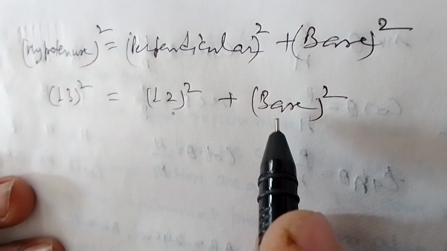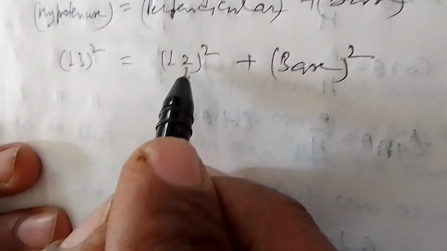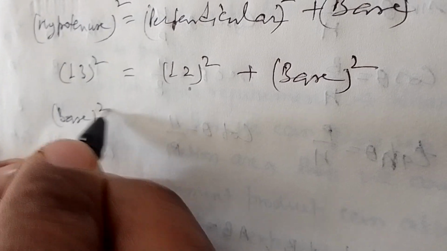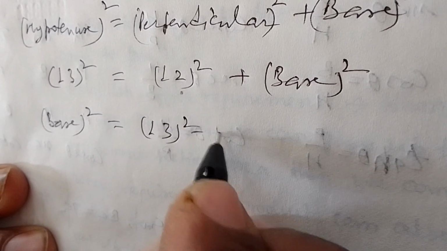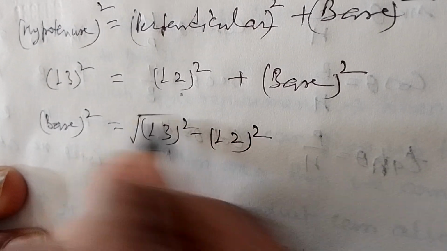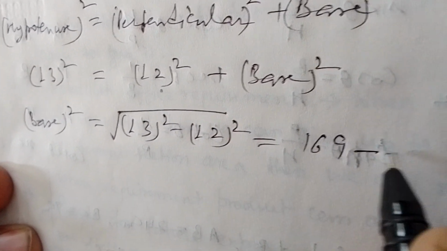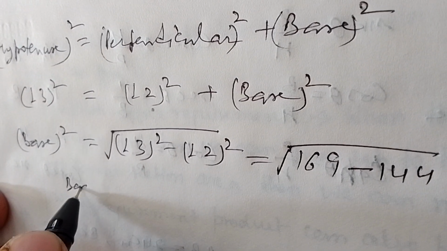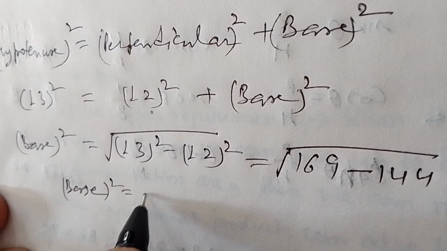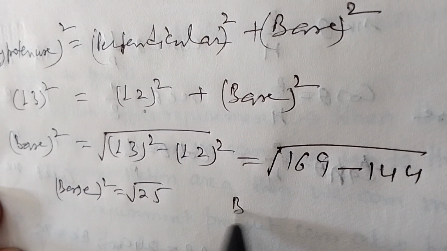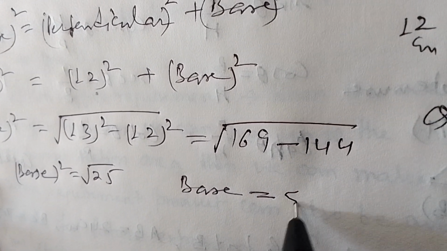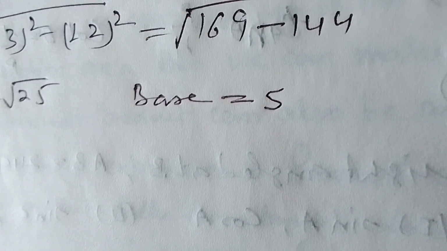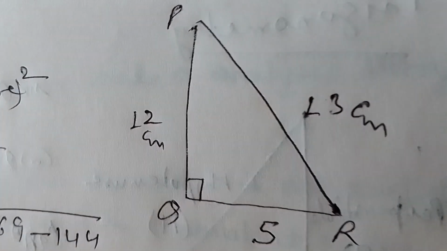So we will carry the perpendicular to the other side. So our base square comes out to be 13 square minus 12 square. That on simplification comes out to be 169 minus 144. It comes out to be base square is equal to 25 under root, or base is equal to 5. So this QR comes out to be 5. Now we have to calculate the value of cot R.